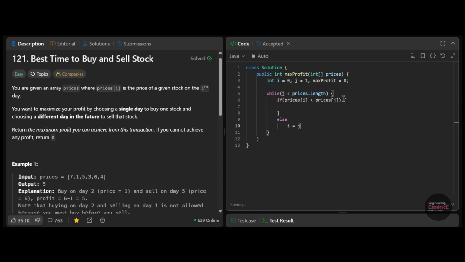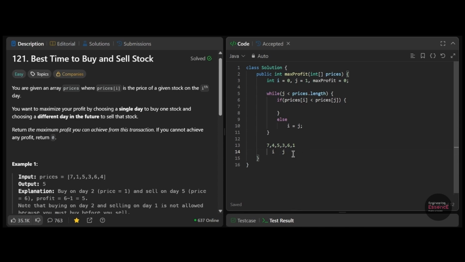Why am I keeping this one? Because let's say I'm taking an example, and I'm modifying some variables here. Let's say i is equal to 1 and j is equal to 2. In this case it will gain a profit of 1. But once j goes to 3, we can see the ith value, the buying value, is greater than the selling one.